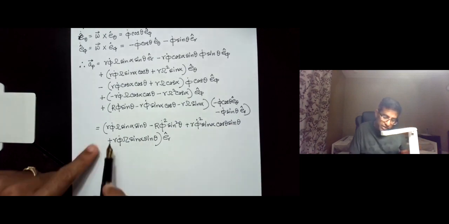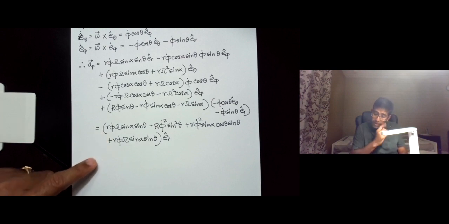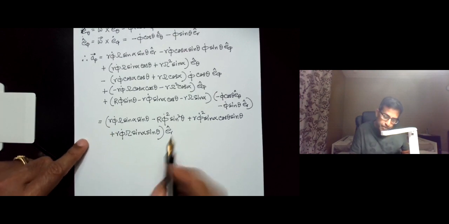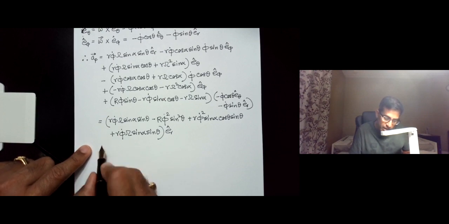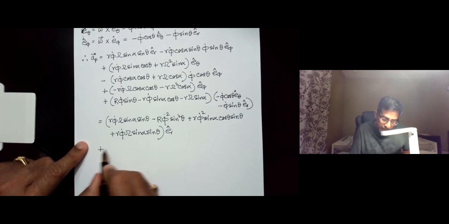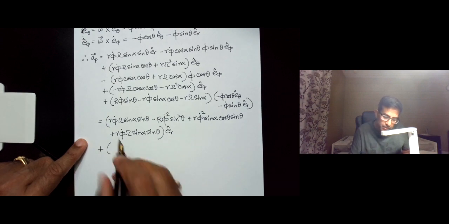One thing that you can see here is that this term and this term are going to get combined. So these are all the terms that have er in them. Next, let's put together the terms that have e theta in them.